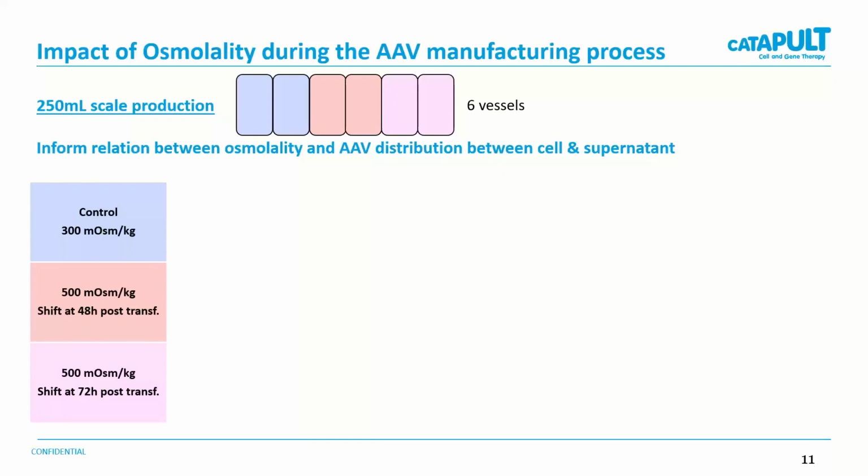A control condition with our process where we control osmolality at 300 milliosmol during the process. A second condition where we decided to shift osmolality to 500 milliosmol 48 hours post-transfection. And finally, the same thing, but with a shift at 72 hours post-transfection.